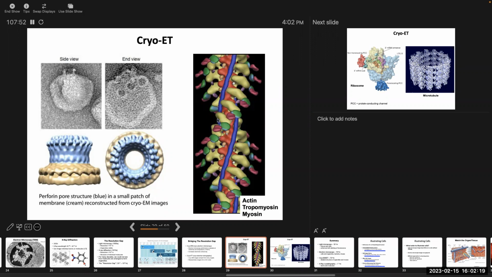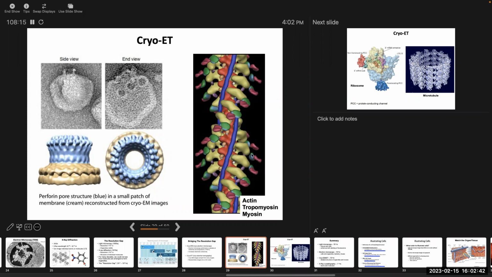The blue stripe is a molecule called tropomyosin that runs the length of the actin fiber, and it's also wrapping or twisting around the outside of the actin, kind of like the stripes on the outside of a candy cane, coiling around the actin molecules.